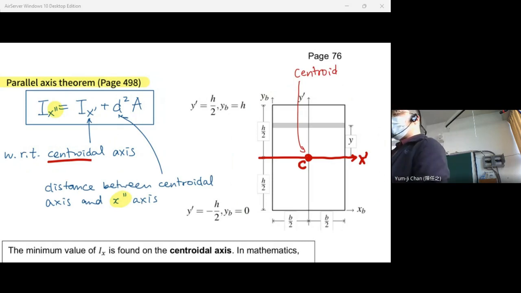We want to determine the moment of inertia for any x-axis. So it is equal to the moment of inertia of the centroidal axis, this one, plus d squared times A. We want to determine the moment of inertia, say here, for any axis, like x double prime.